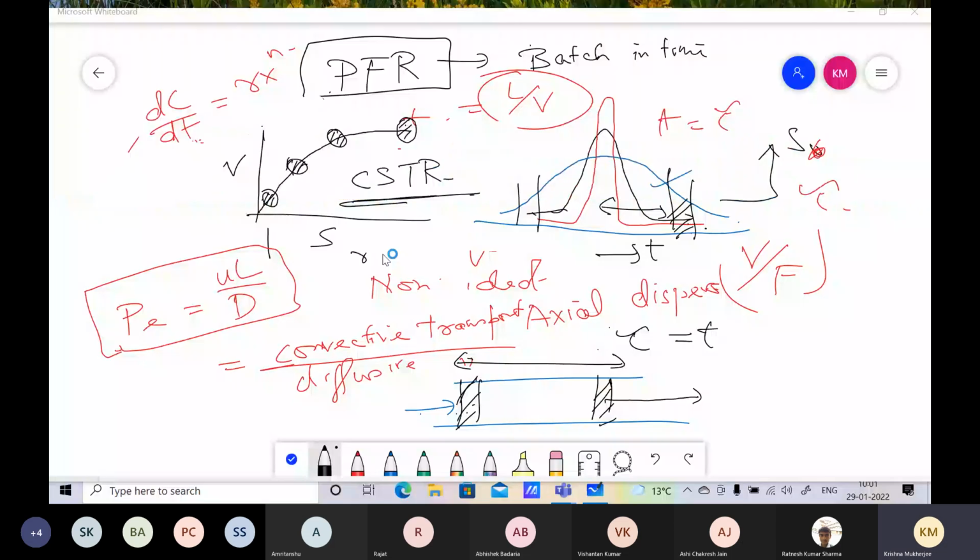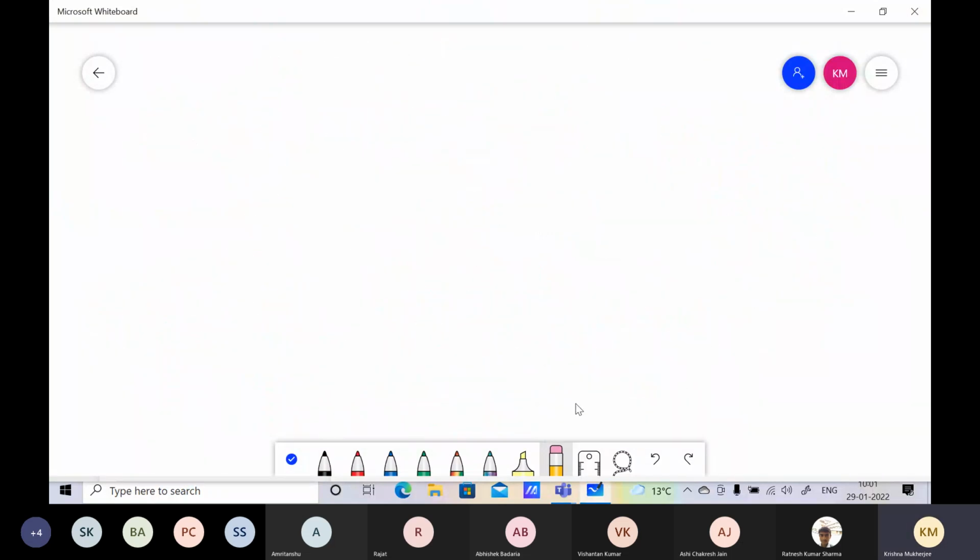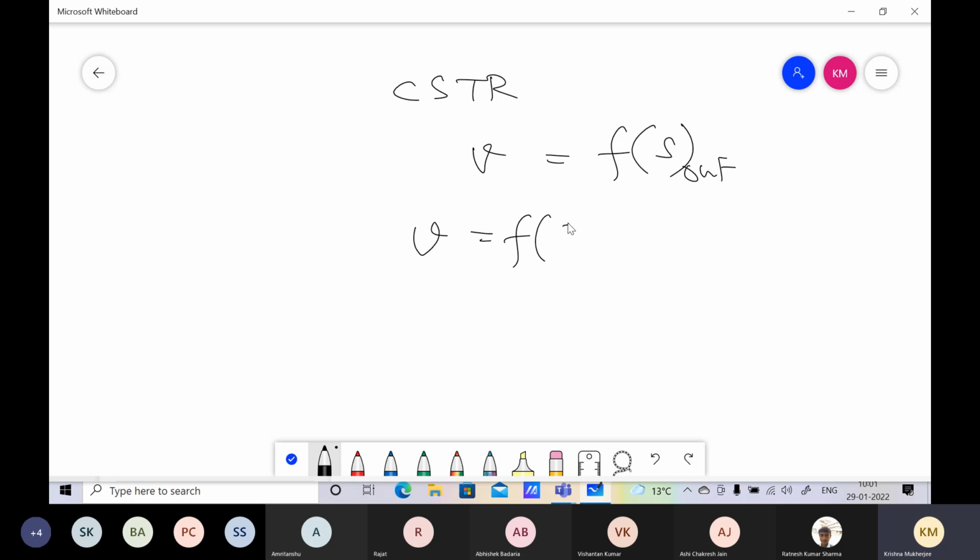Sorry, again, one last minute. So let me sort of end it by saying that you all know that in a CSTR, the reaction rate is a function of S, which is the S out, the final concentration. While in a PFR in a batch, the V is a function of S, which is changing from S naught to S, right?